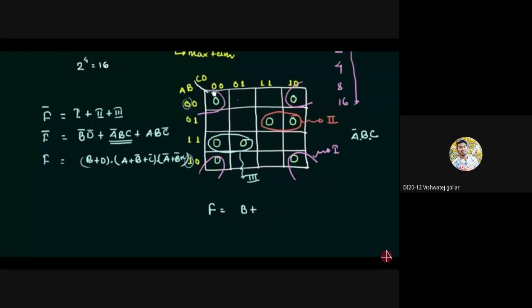And in C and D, you can easily see that C is changing from 0 to 1, but D is not changing and it is 0. But I'm not going to write D complement, I will write it as D because it is 0. So you can see that we just found the first part of our answer, B or D. Similarly, I will do the rest of the groups and find this easily.